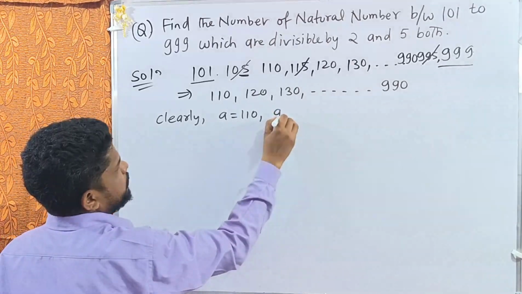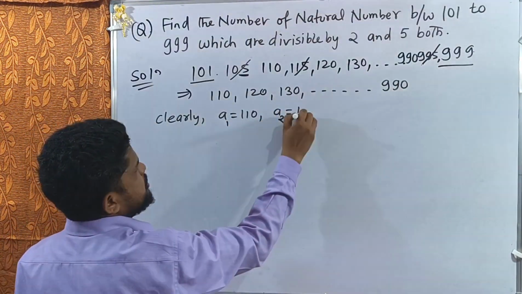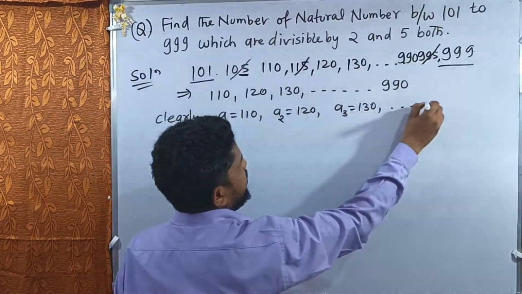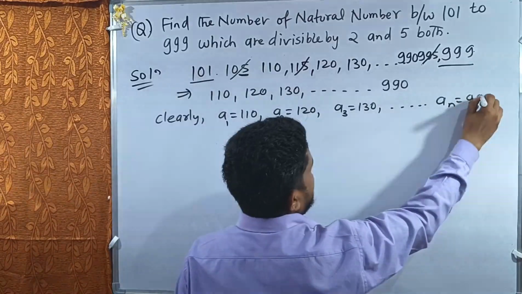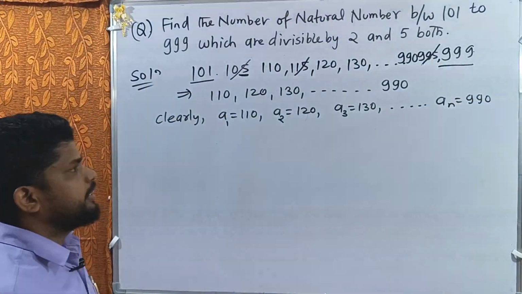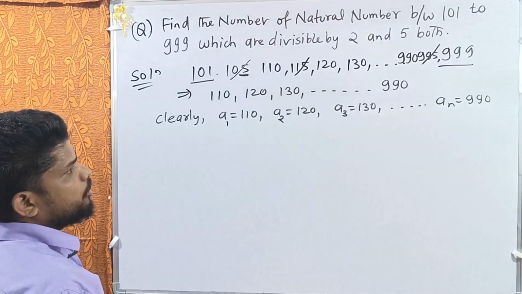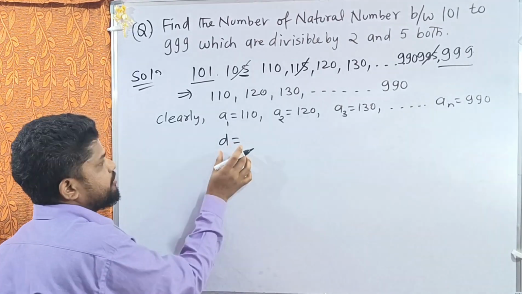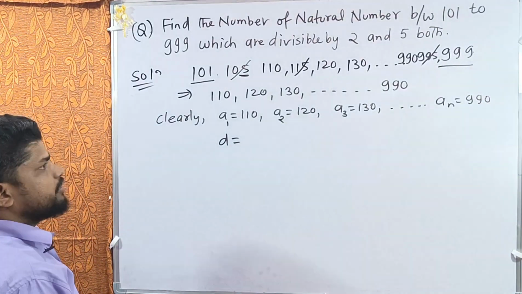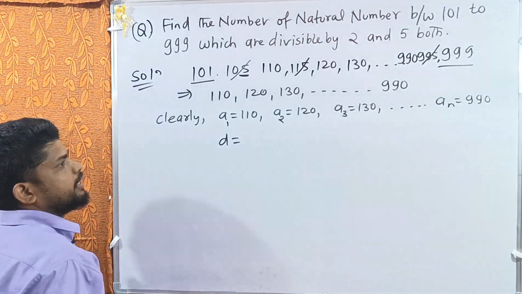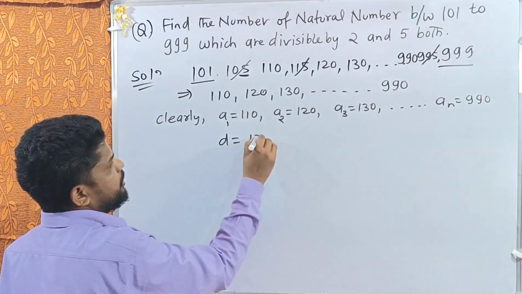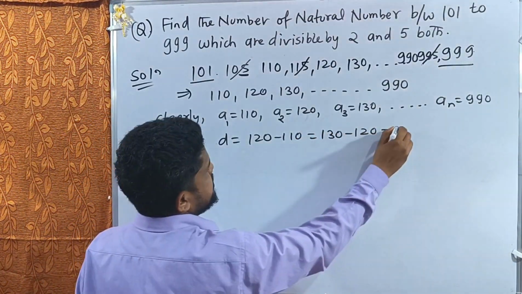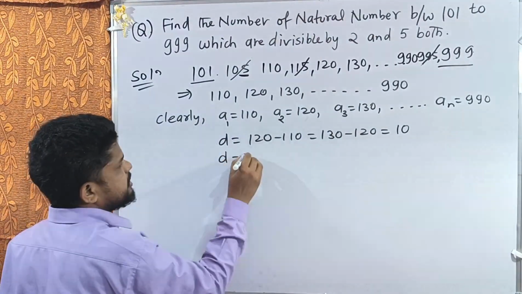The second term is 120, the third term is 130, and the nth term is 990. Now dear students, we aim to find the common difference. The common difference is the difference of each successive term with the preceding term. Here 120 minus 110, or 130 minus 120, is equal to 10 only. So the common difference is 10.